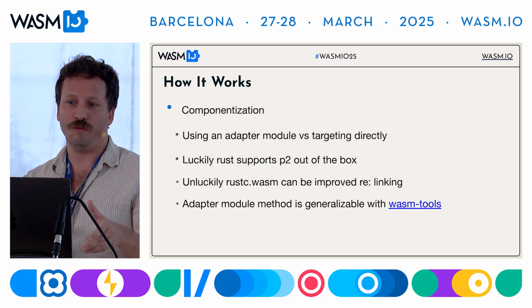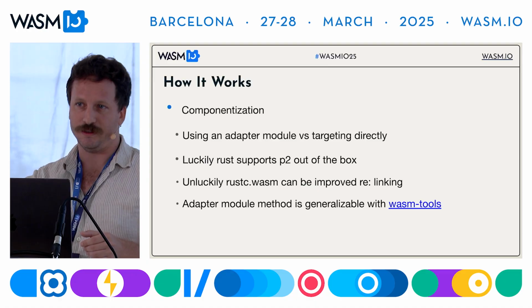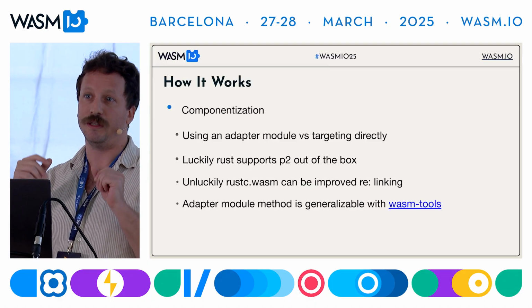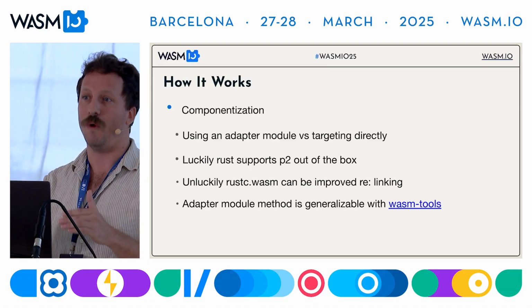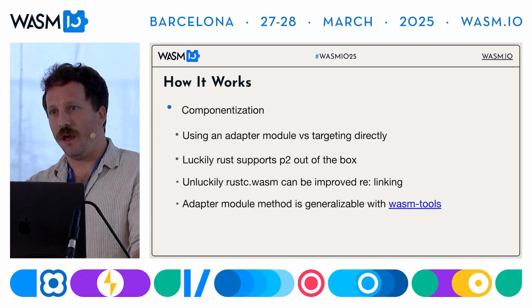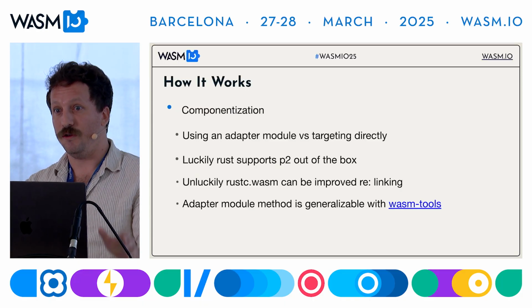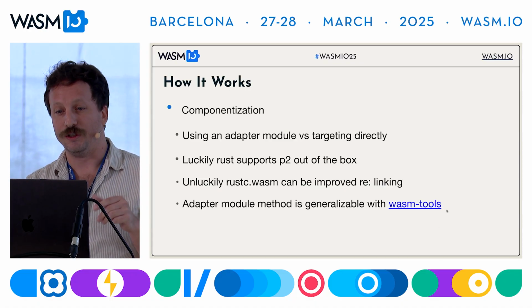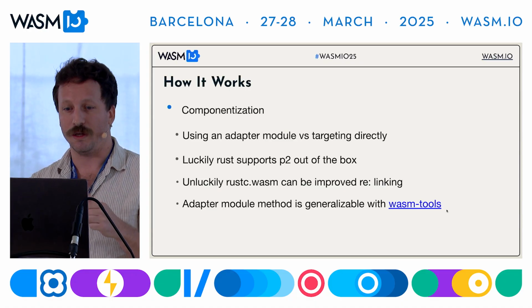So initially, the way that people were creating components is there's this adapter module, and you basically would just compile your code into a core Wasm module, and then with this adapter module, you can provide a WIT file, and then using this project called Wasm Tools, you can turn that core Wasm module into a component.